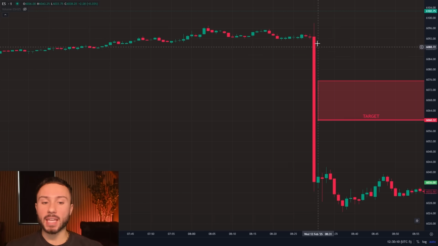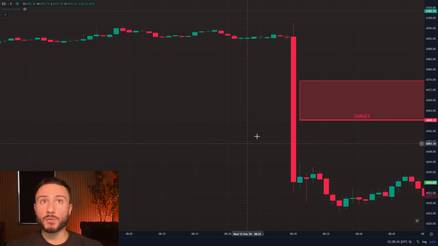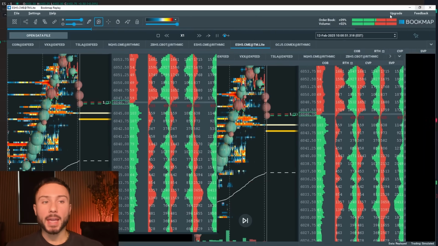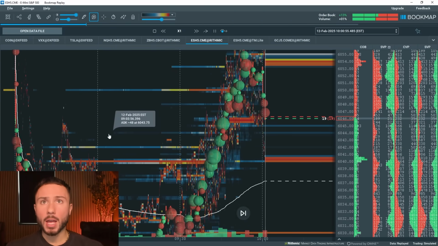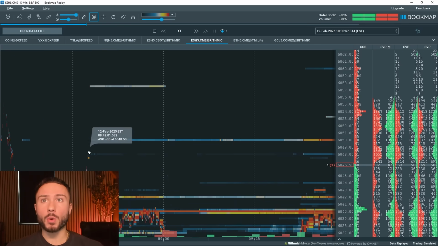Now, on this 8:30 news, the market aggressively dropped about 70 or so points. In this very large red candle to the downside, what's significant to note here is pulling up a volume profile. If these terms are new to you, I would highly recommend checking out my order flow series.